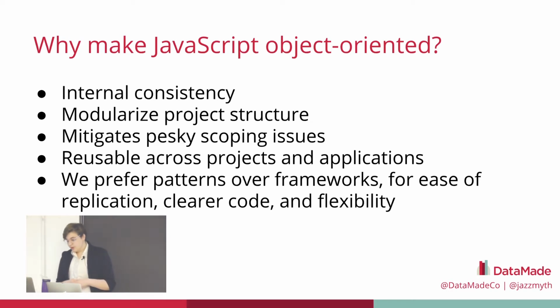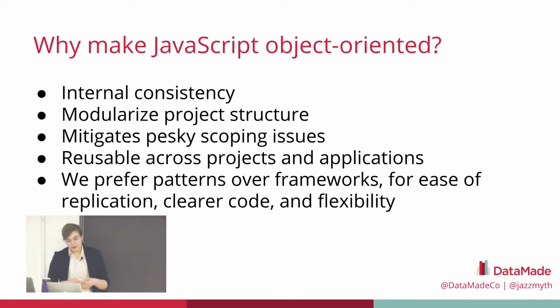So there are some scoping issues that could happen when you don't use an object-oriented structure. And we use Django, and using objects this way allows us to have a cleaner file structure. It's reusable across many different projects and applications.